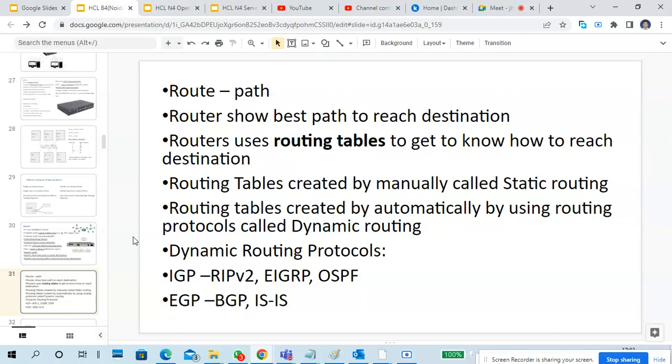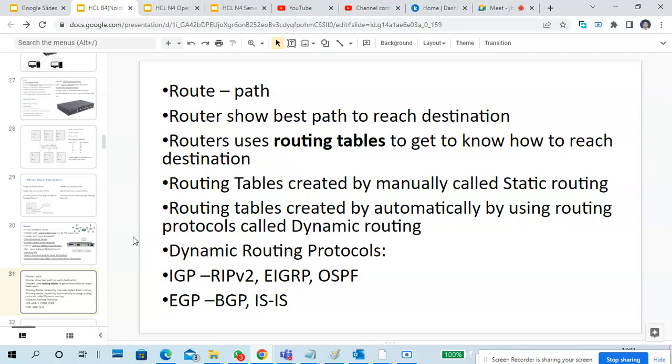RIP version 2, IGRP, EIGRP, OSPF. These protocols are IGP protocols, but RIP version 1 we are not using on new routers, so I didn't list it. IGRP is also not used in certain routers. Very old routers use RIP version 1 and RIP version 2.